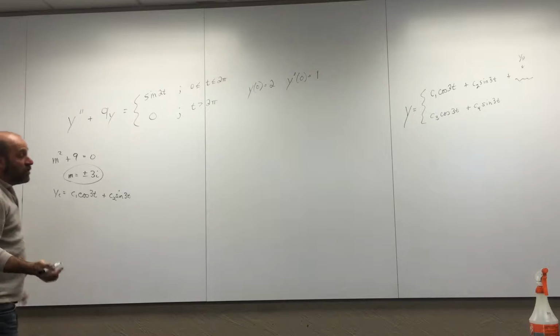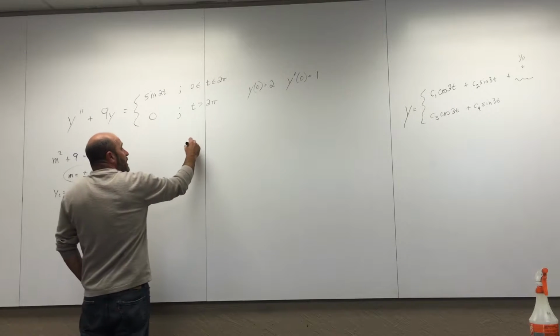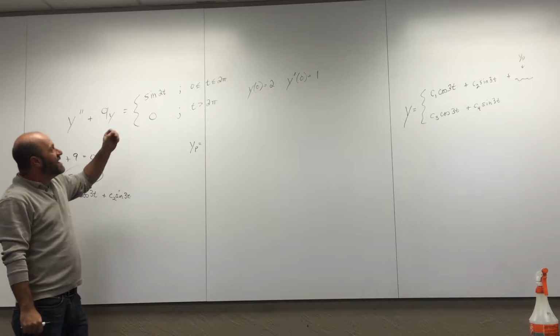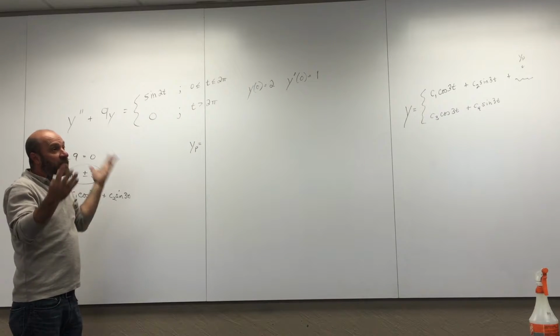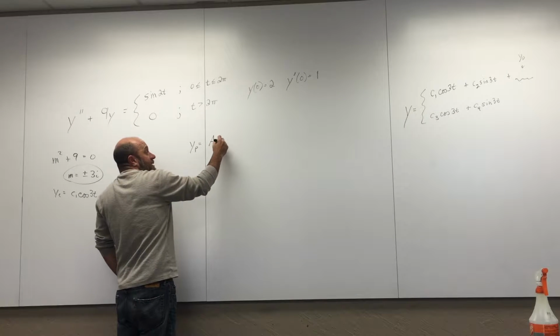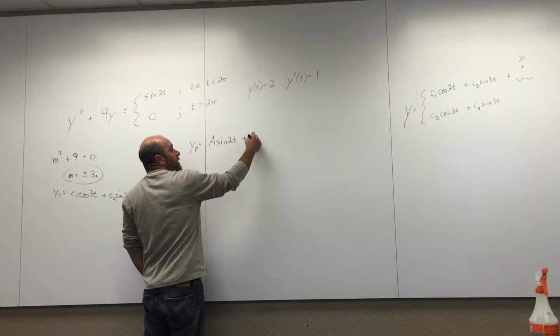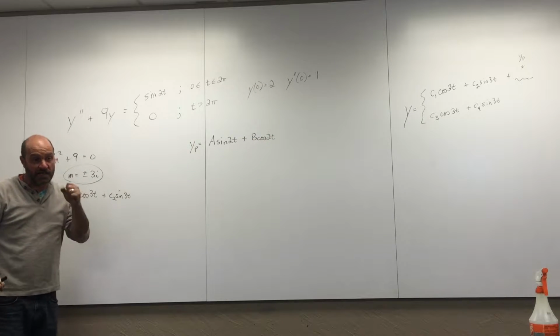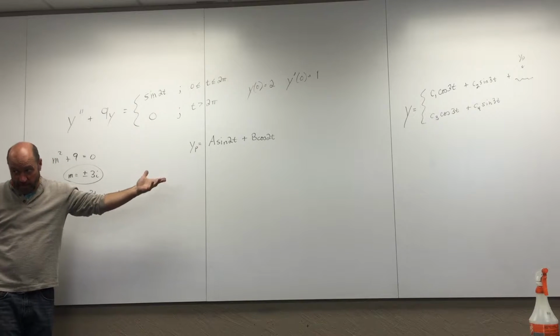All right, well, to do the yp, it's not all that hard, really. It's a guess, and we've learned how to guess. If it's a sine 2t, I think my guess should be A sine 2t plus B cosine 2t. That's kind of how you have to guess. A sine or a cosine has to be guessed like that.